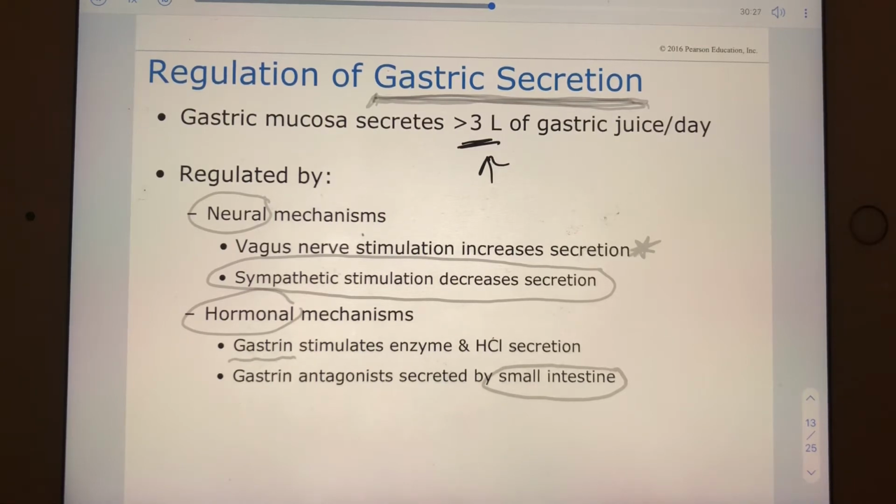The gastric secretion activity, how active those cells in the gastric glands are, is regulated hormonally as well as via the nervous system. And it's primarily the vagus nerves, which you're probably already aware of, that help to stimulate secretion.